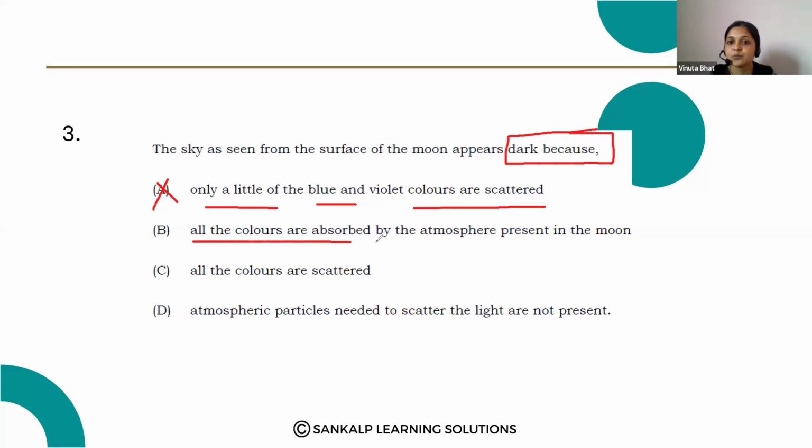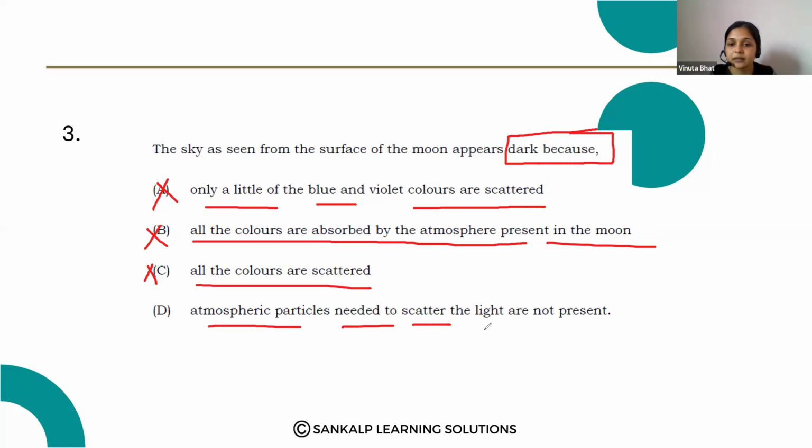All the colors are absorbed by the atmosphere present on the moon? This is not possible. All colors are scattered? No, all colors are not scattered. Option D, atmospheric particles needed to scatter the light are not present. The atmospheric particles needed for the scattering of light are not present. For this reason, the sky as seen from the surface of the moon appears dark. So option D is the correct answer.